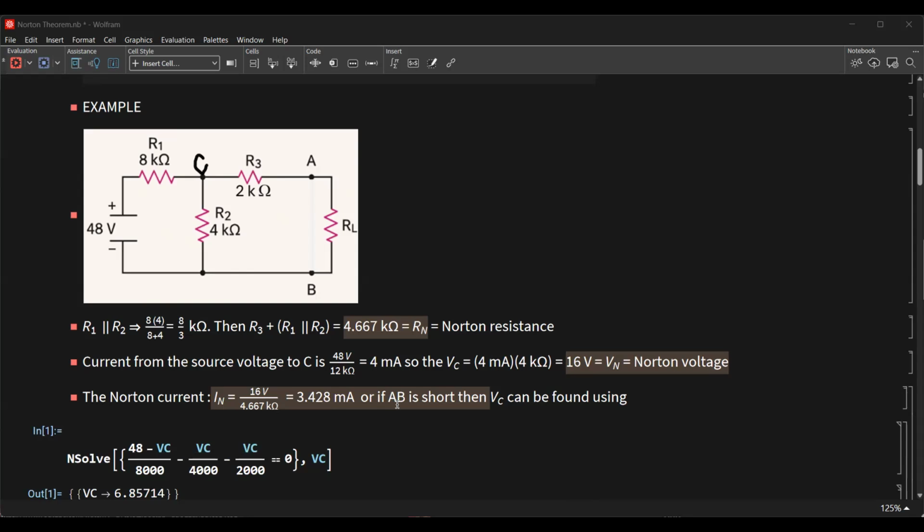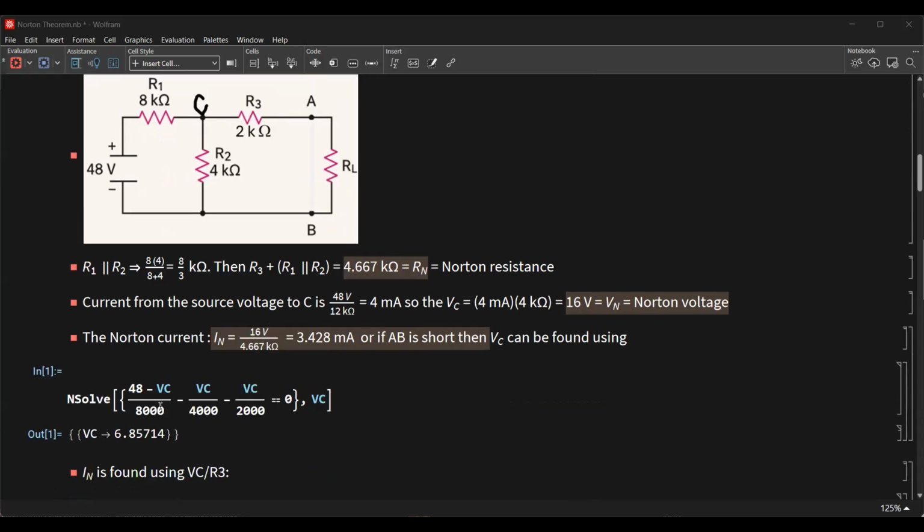Or, if you use the Norton theorem directly, with the load shorted, VC can be found using (48 minus VC) over 8,000.